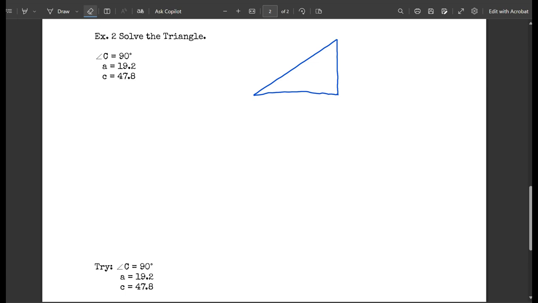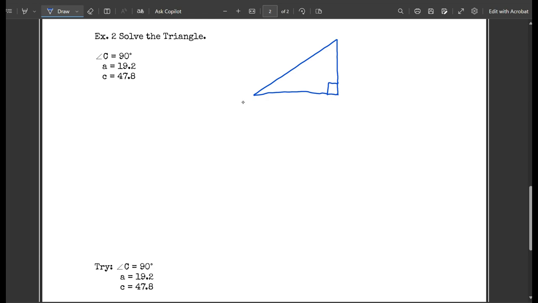This time, they initially do not give you a triangle, so you're going to have to draw your own triangle and label the sides, and we're going to learn how to label it. So make your triangle, and then at the bottom corner, wherever you have 90 degrees, you're going to put the 90-degree symbol. That's always a given in right triangles.